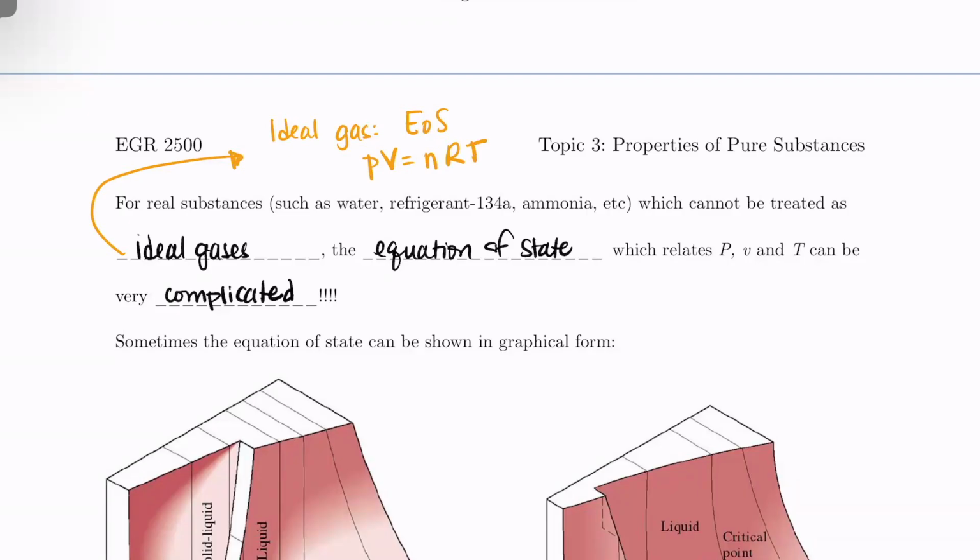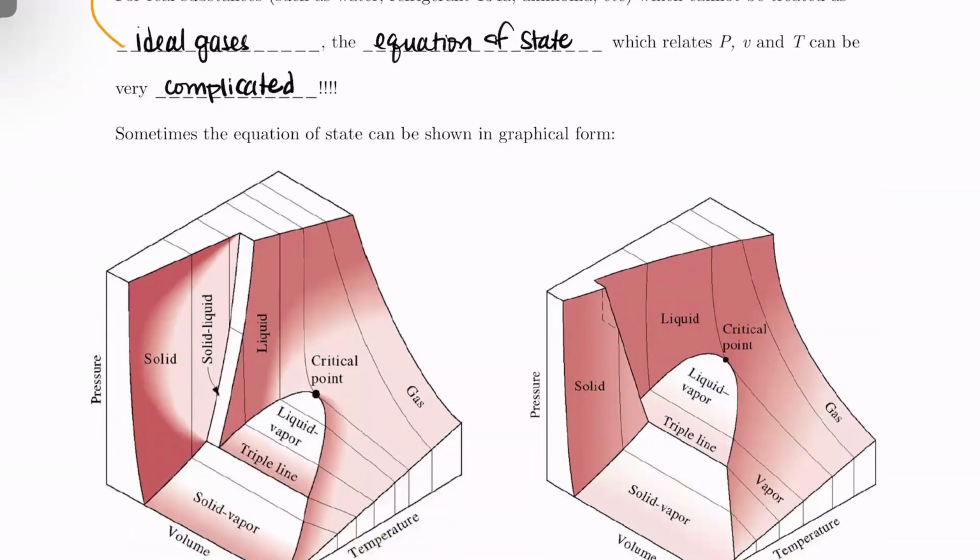So that connects pressure, volume, and temperature, right? So for other substances that are not ideal gases, we don't have the benefit of being able to write down a nice equation like this. And instead, what actually happens is something that looks like this.